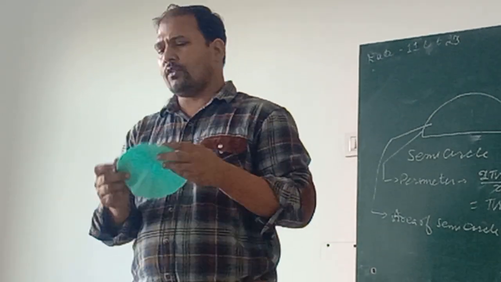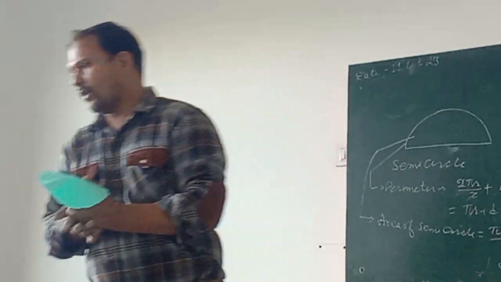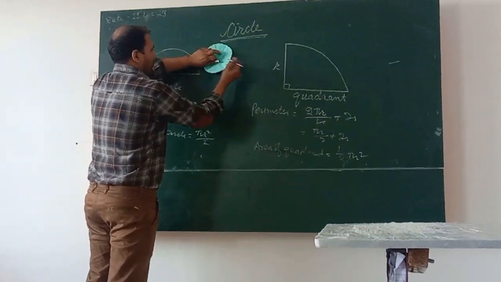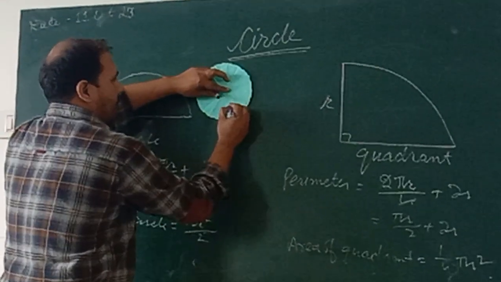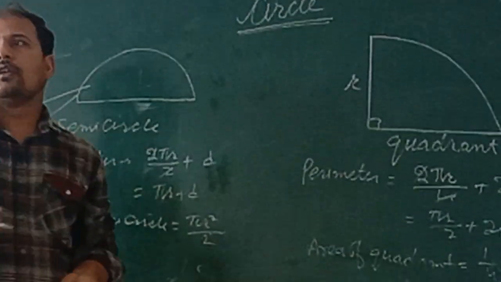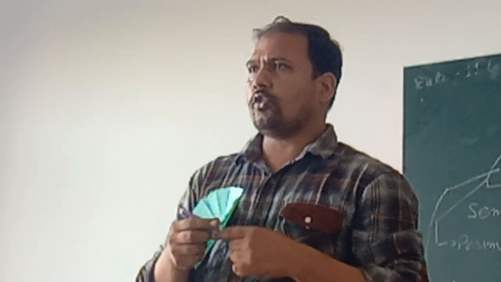Now we have a chord on a circle. Listen carefully. That is the chord of the circle. A chord divides the circle into 2 segments.